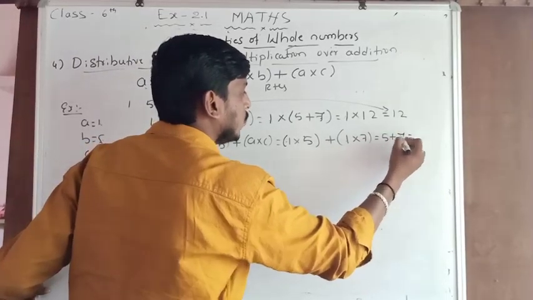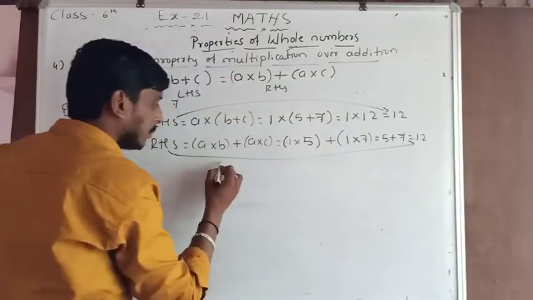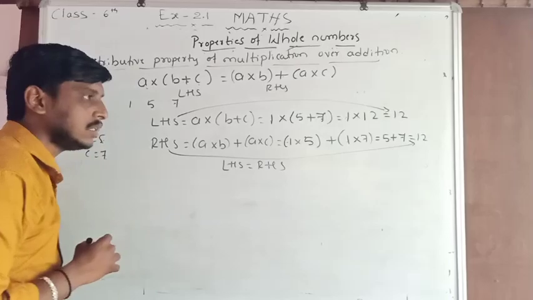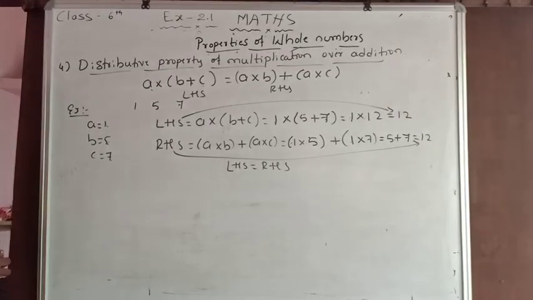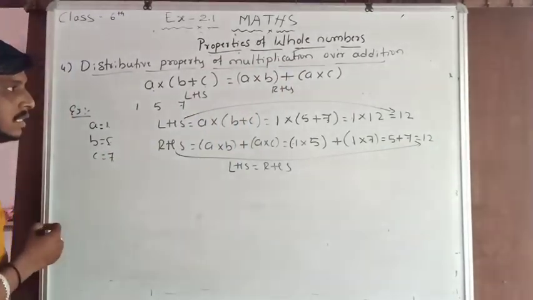So 5 plus 7, 12. Again you got RHS value 12. So it means LHS equals RHS for any three whole numbers, so the distributive property of multiplication over addition is satisfied.